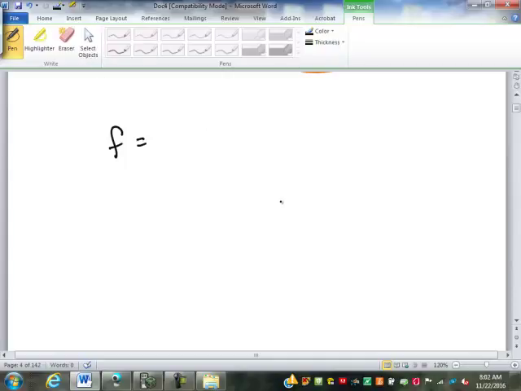So let's say your surface cutting speed is equal to pi times D times your RPMs all over 12. I put in F for your surface cutting speed, I'm doing feet per minute.